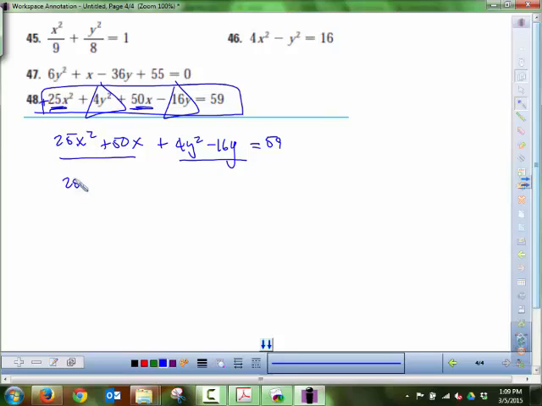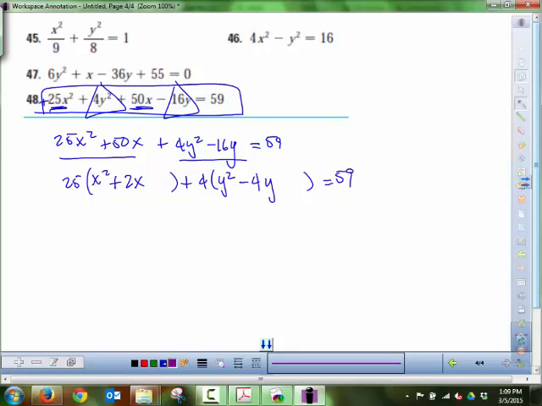I'll take a 25 out of the first one, and I have an x squared, and 25 out of 50 is 2x. And then I have a 4, I got a y squared, take a 4 out of 16, and leave that blank, equal to 59.